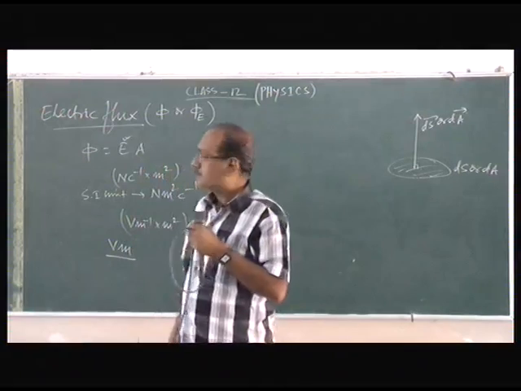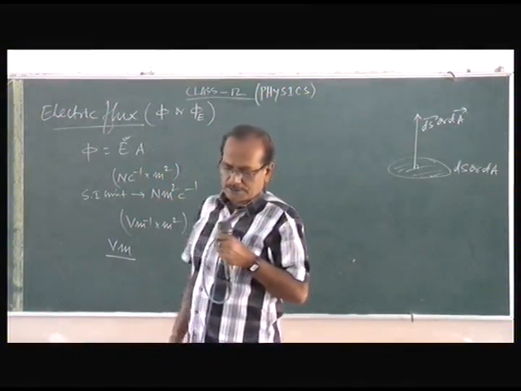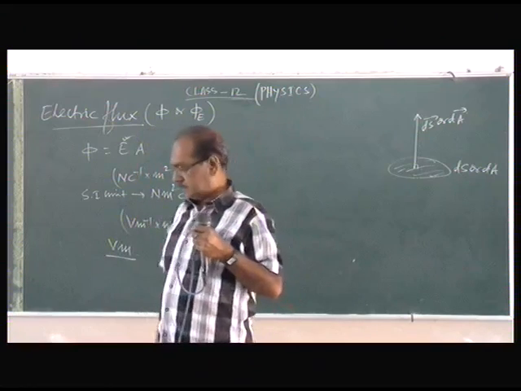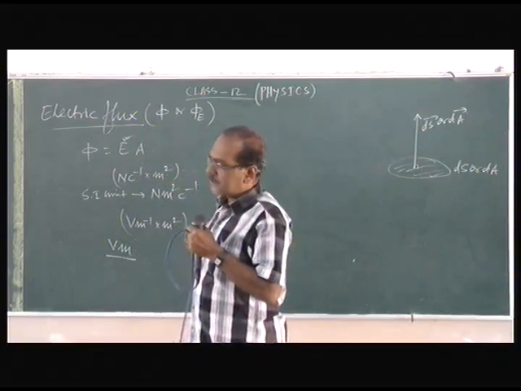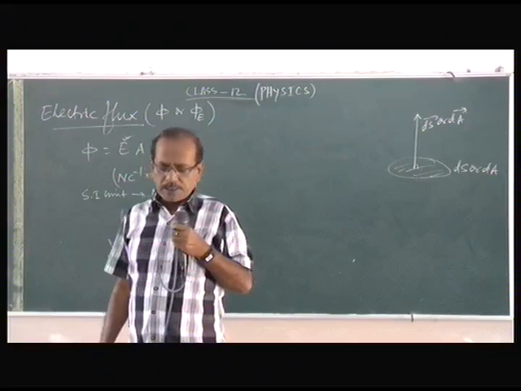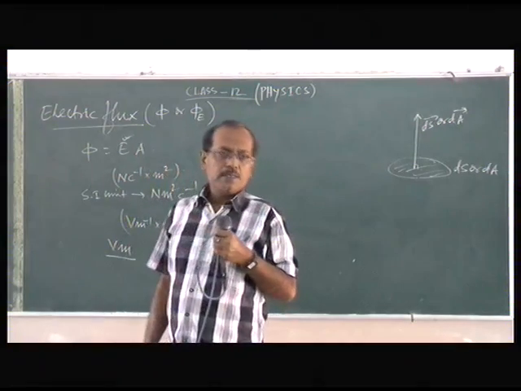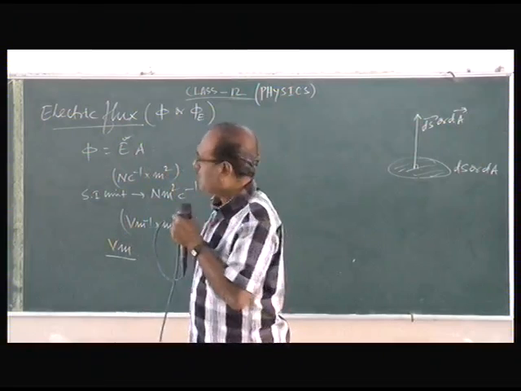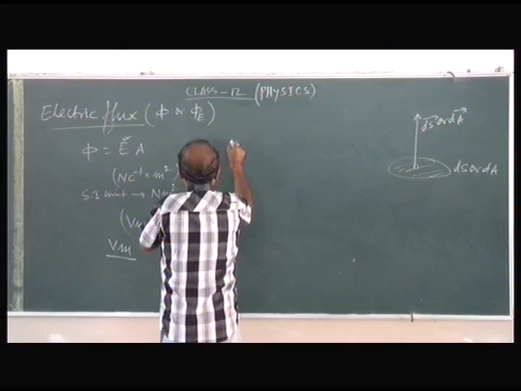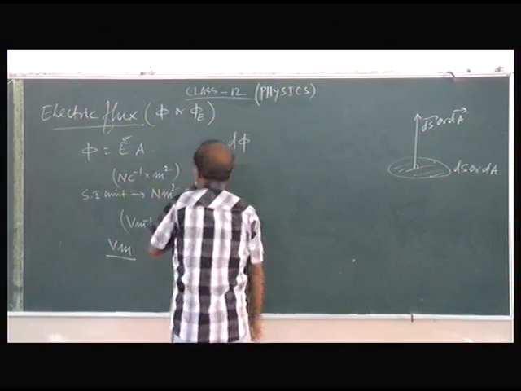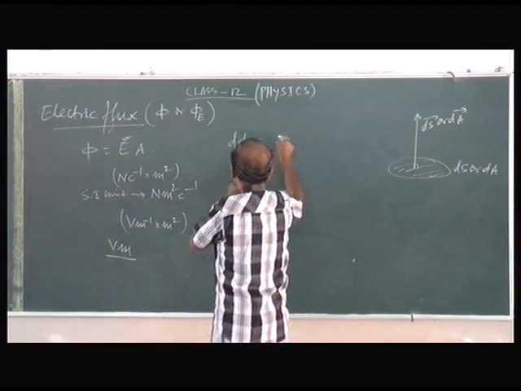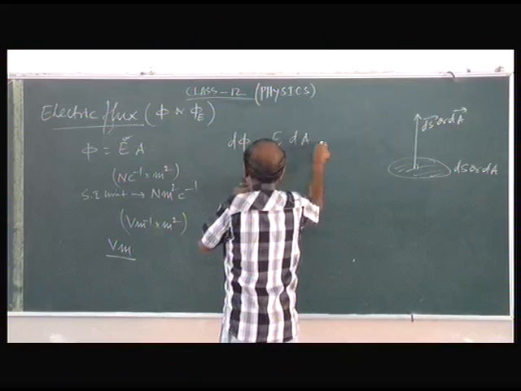Now next, electric flux density. The electric flux density is the electric flux per unit area. As we know, electric flux for a small area, small portion, is E dA.